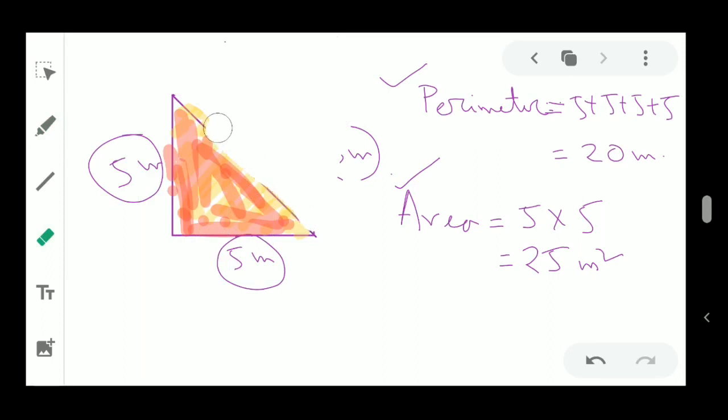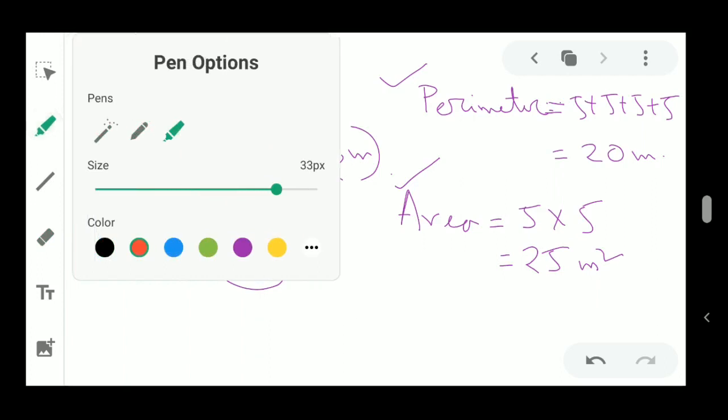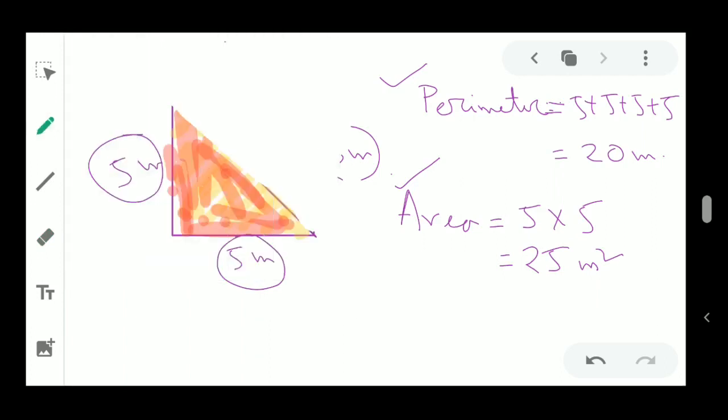We know the total area was 25, right? But now I have divided the thing into two parts. So what will be the area of this half portion? The area of this half portion will be half of 25.